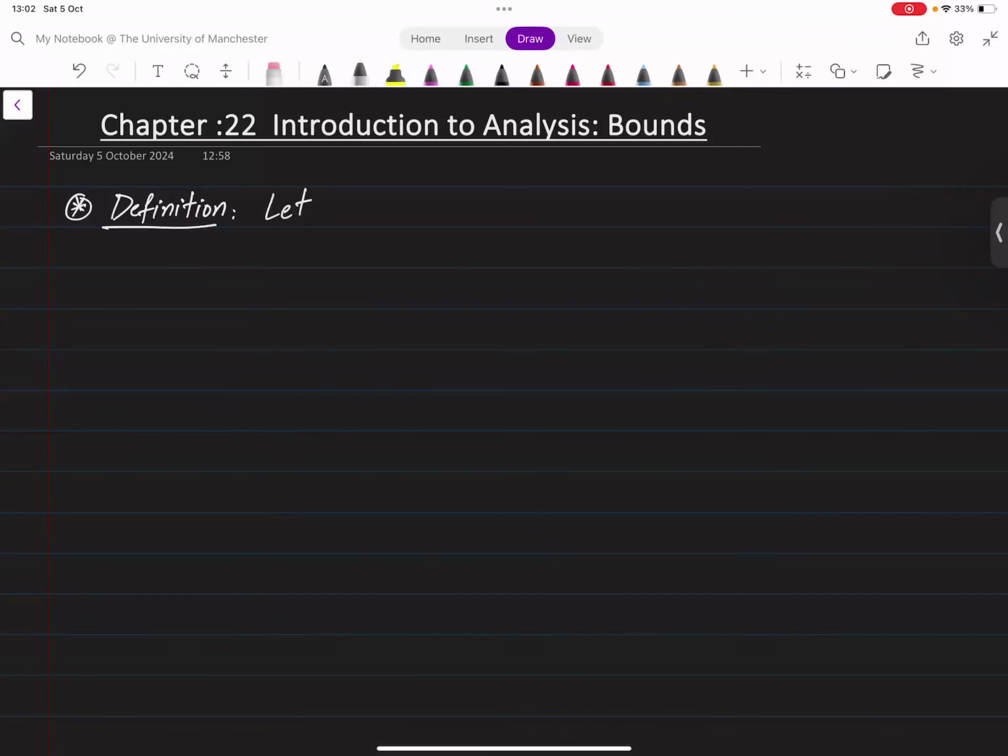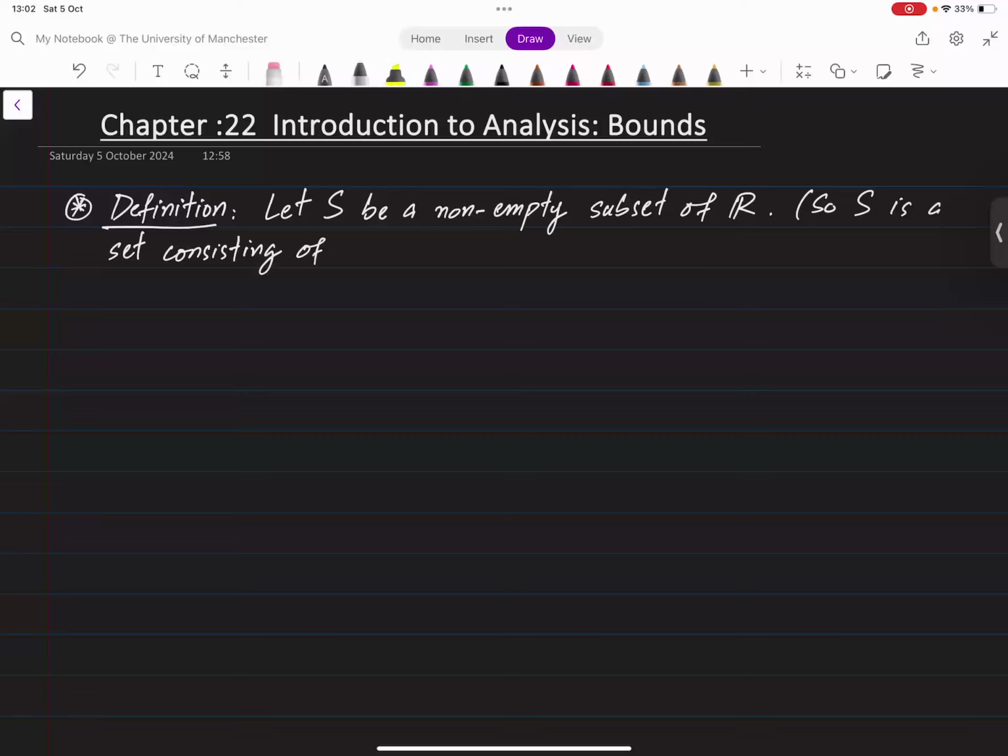Let S be a non-empty subset of real numbers. So S is a set consisting of some real numbers, and S is not empty.